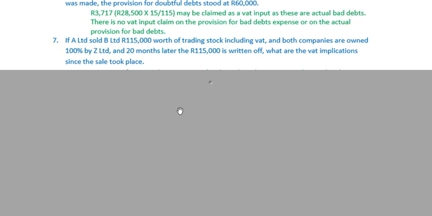But remember, if it's a group company, we do nothing. Similarly, the bad debt is going to be written off because we haven't got paid for it. But because it's a group company, you can't claim the input. So there's no output reversal when the creditor is not paid. There is no input when the bad debt is written off. You just ignore the two transactions together.